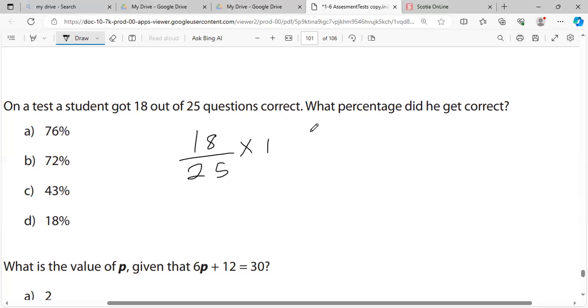So we just multiply by 100%. Now, students like to say over 1, so let me just do that. 25 into 100 goes 4 times. Then we multiply 4 times 18: 4 times 8 is 32, carry the 3, 4 times 1 is 4, and that's 72. So that child will get 72%.